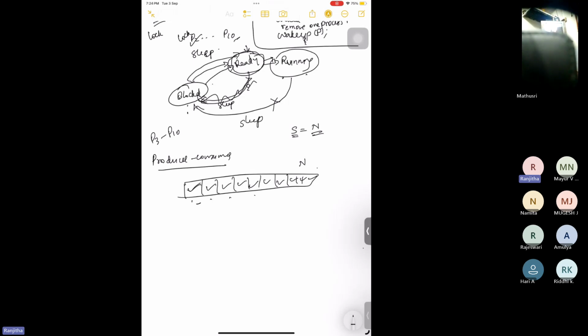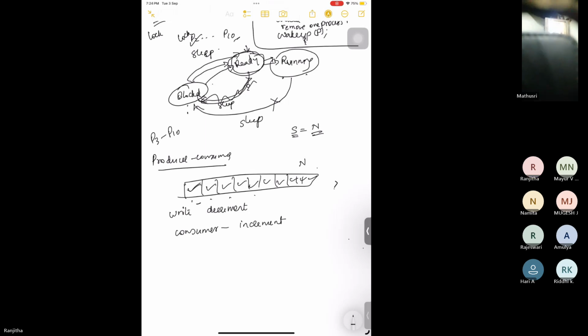Every time the producer writes, we decrement it. Every time the consumer reads, we increment it. Okay, so this is the concept of counting semaphores.